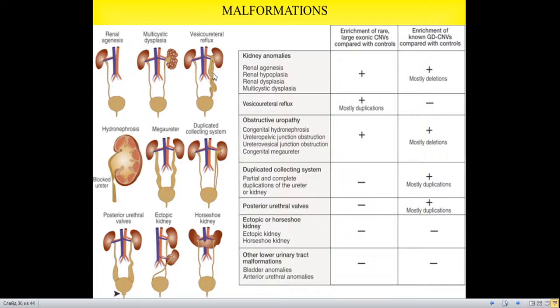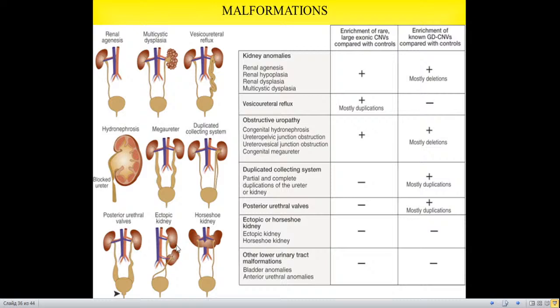On this slide, you can see vesicoureteral reflux. On this slide, you can see hydronephrosis. On this slide, you can see megaureter. On this slide, you can see a duplicated collecting system. On this slide, you can see posterior ureteral valves.